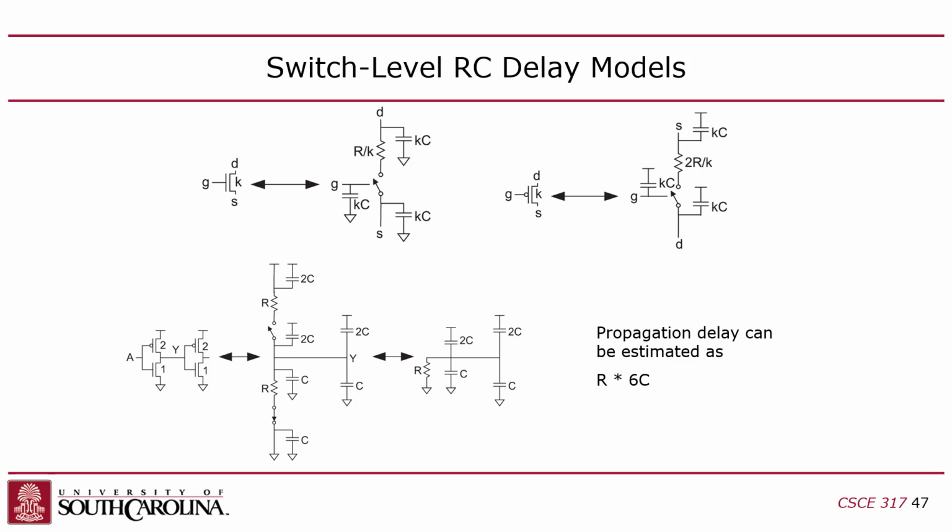Okay, so what do you do with this then? Well, let's say I want to drive the output Y to 0, right? So what's going to happen there is the resistance is R to ground, right? Make sense?